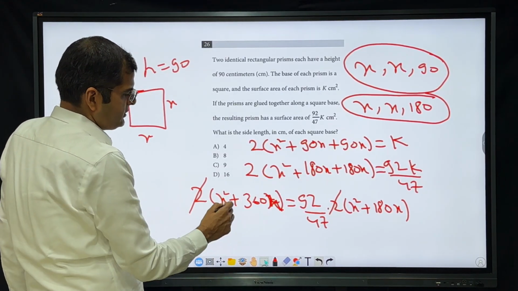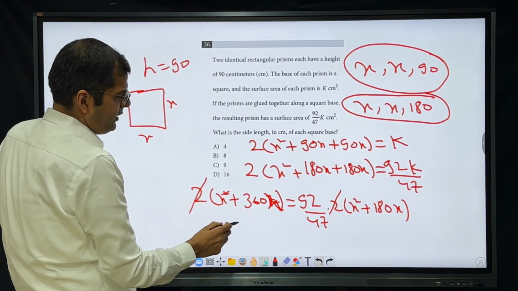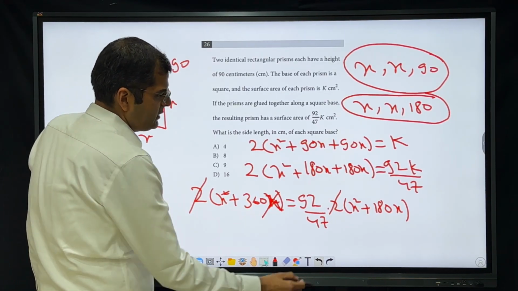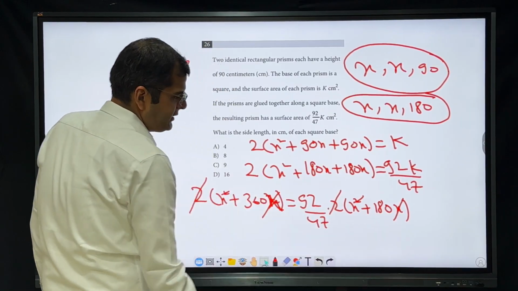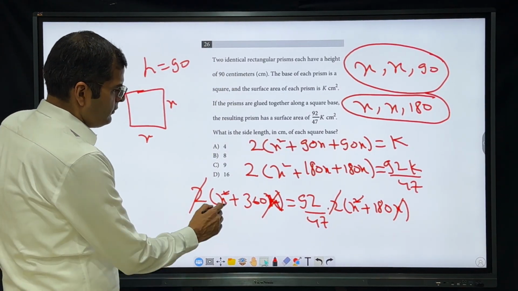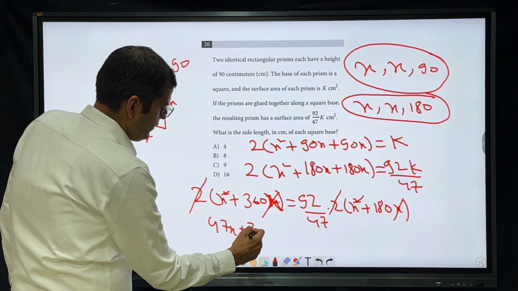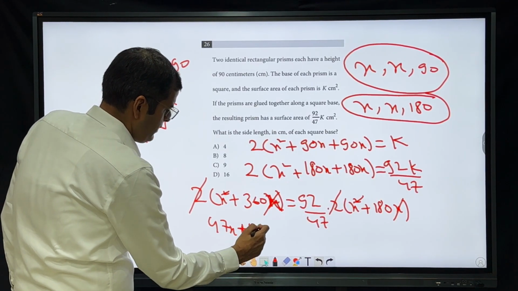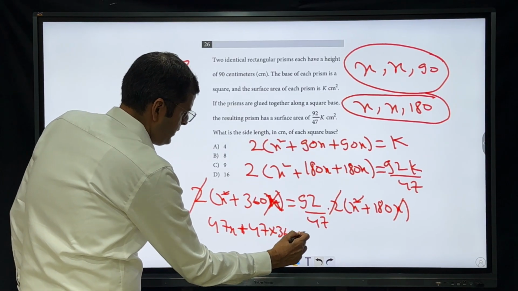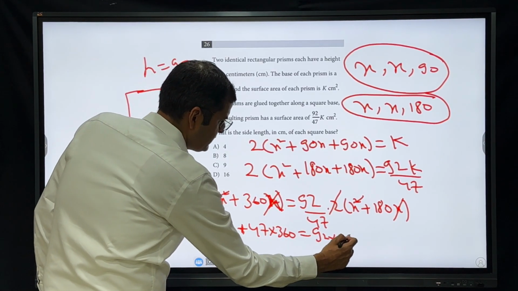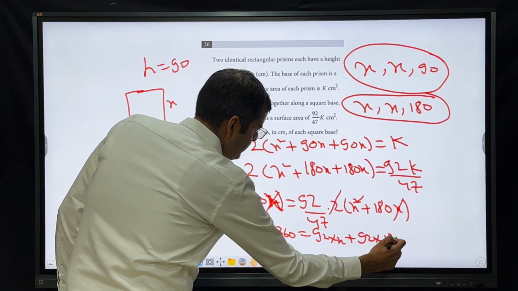Here one x goes from x squared, one x goes from each term. So what I'm left with is 47x plus 47 into 360 is equal to 92x plus 92 into 180.